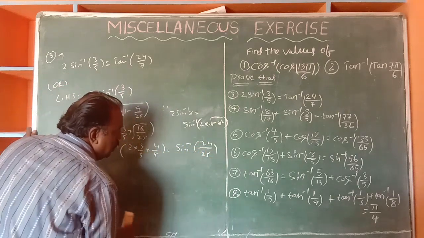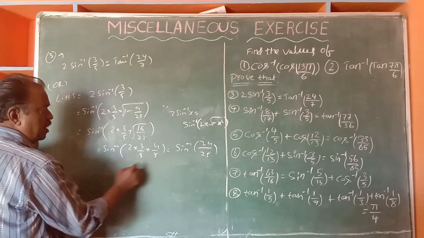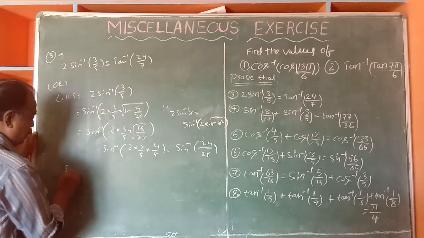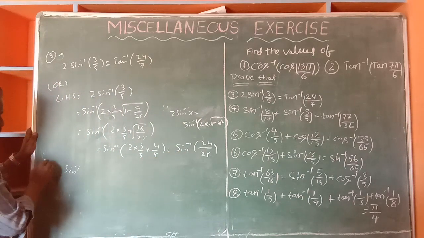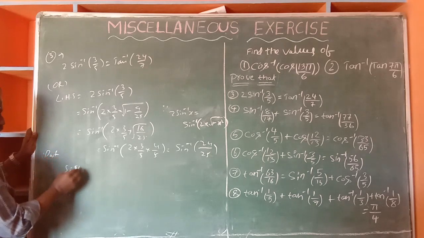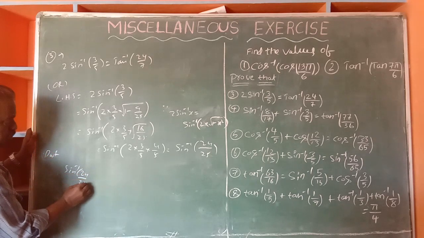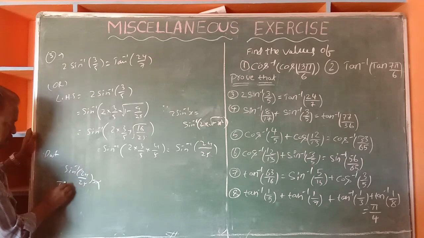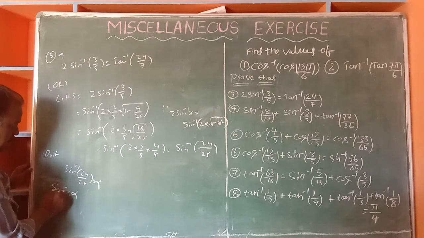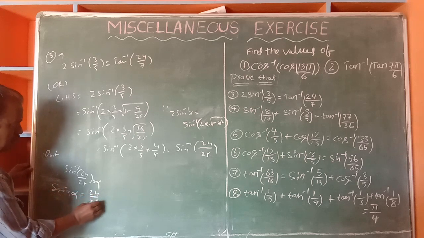Now, here also I have to do some side work. Put sine inverse 24 by 25 as alpha. Then sine alpha is 24 by 25.